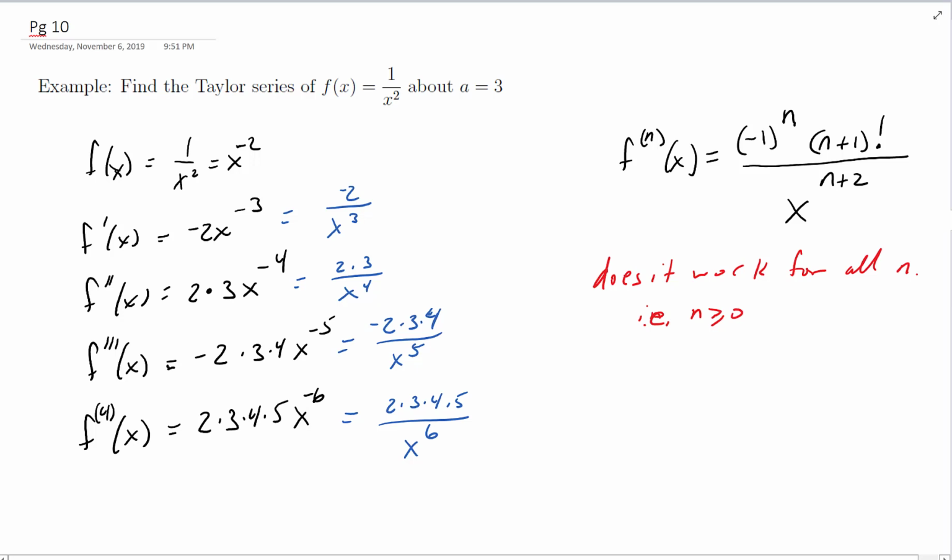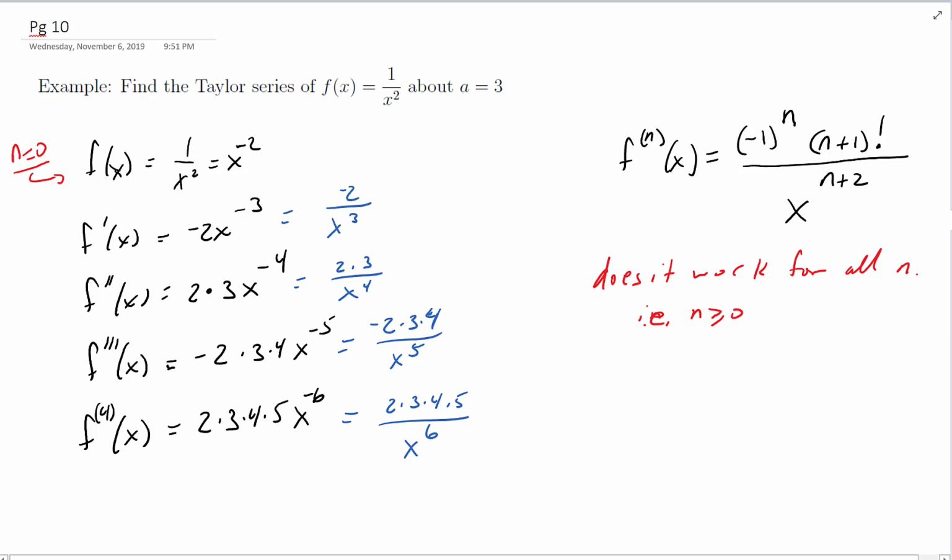So it works for n equals 1. And I could check it on any of the later values of n. But the big thing I want to be careful about: does it work for n equals 0? When n equals 0, that is the original function, our function that we start with.